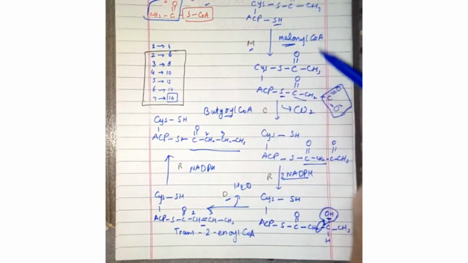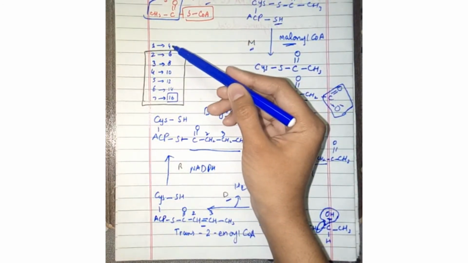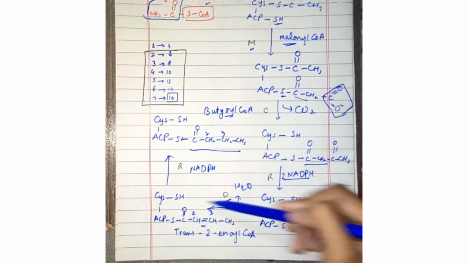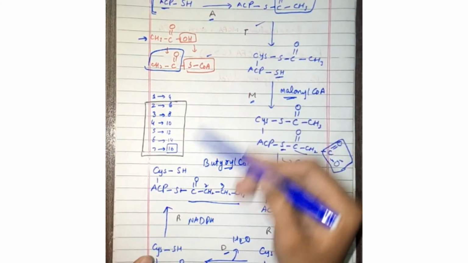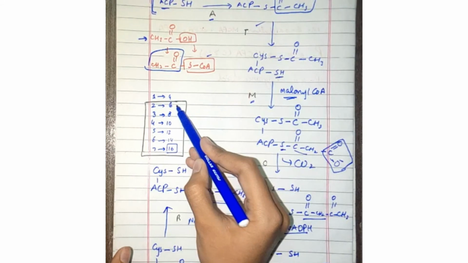So one complete pathway of fatty acid synthesis results in the formation of a 4 carbon fatty acid. Next, what will happen? Steps 2 to 7 repeat. Basically, there are 7 steps. From transpiration to reduction, the steps repeat, resulting in the formation of a 6 carbon fatty acid.